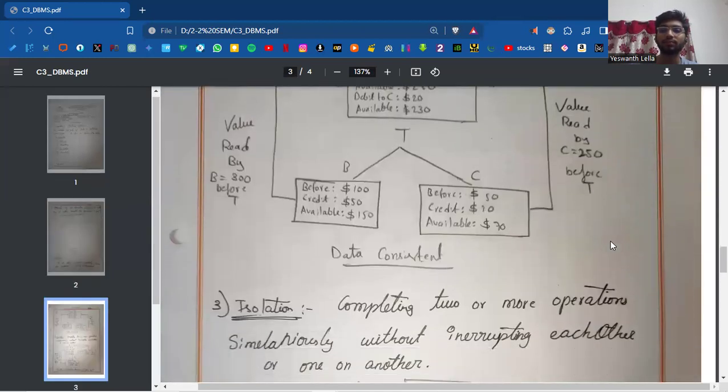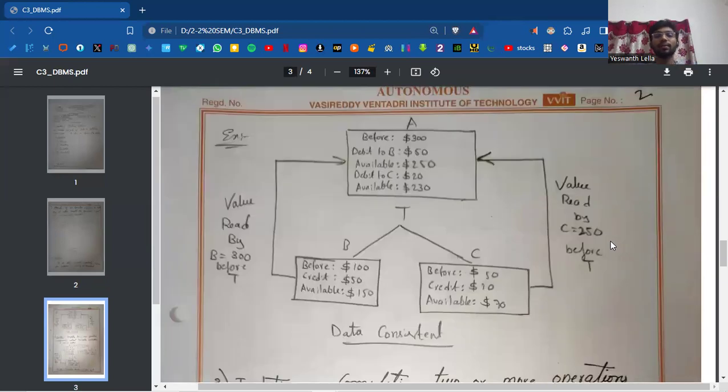Let's take three bank accounts A, B, C, where we have to represent before available and next available, because the debit to B and debit to C will be recorded as we can see in the data of A. To B we add $50 credited.